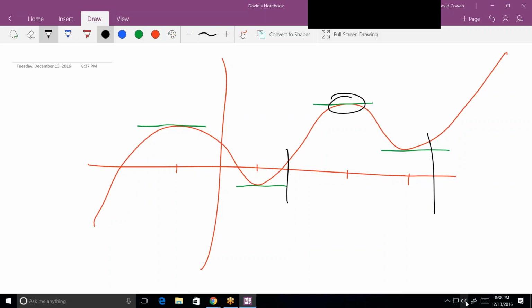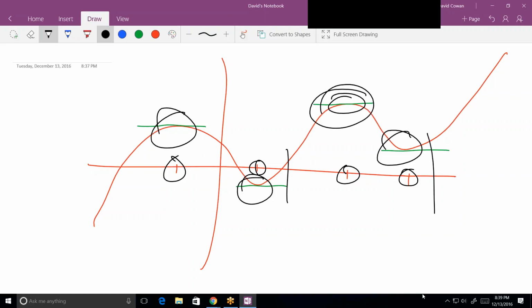You take the derivative of the function and examine everywhere the derivative is equal to 0, and you'll find this point, this point, this point, and this point. Then calculus tells you whether it's a maximum or a minimum. This down here is a local minimum. That's a local minimum. But that's a local maximum. By local, I merely mean that it's surrounded by points that are less than the peak point.